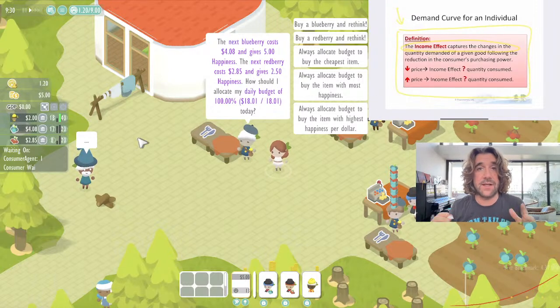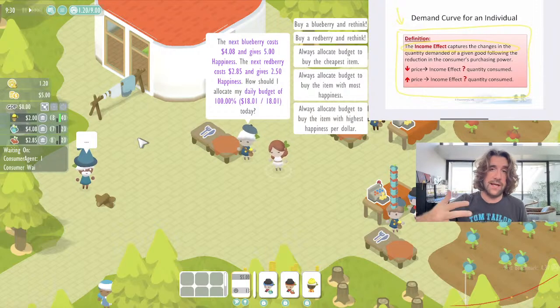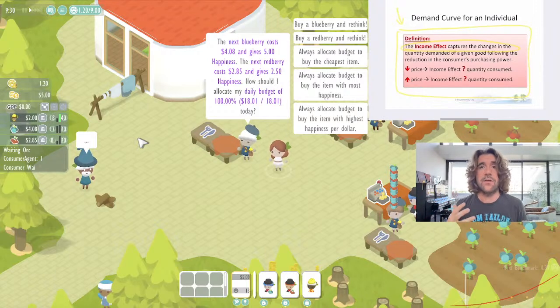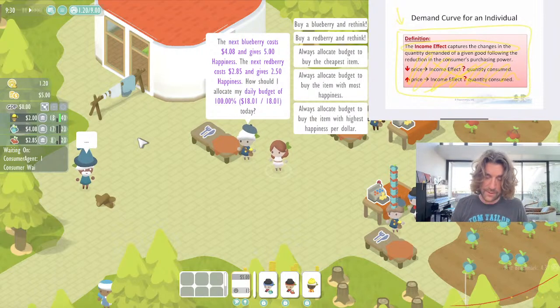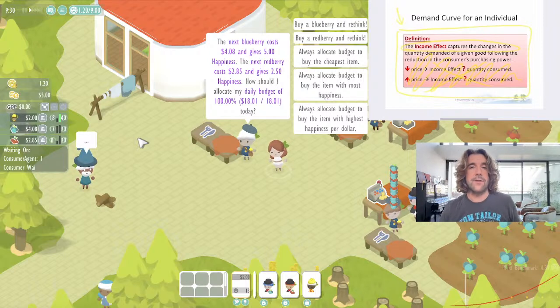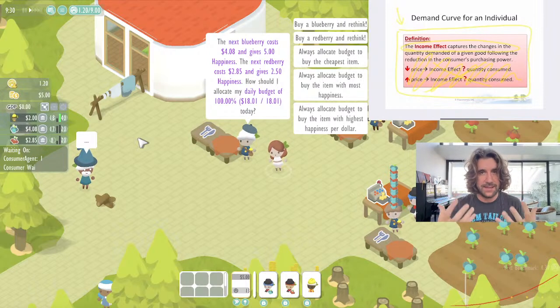Blueberries and red berries are both normal goods. You want to consume more of them as you get richer, and you want to consume less of them as you get poorer. So we don't have to worry too much about this effect. It's not going to be important here, so we can just forget about it. But keep in mind that when blueberries are becoming more expensive, there are a couple of things happening.